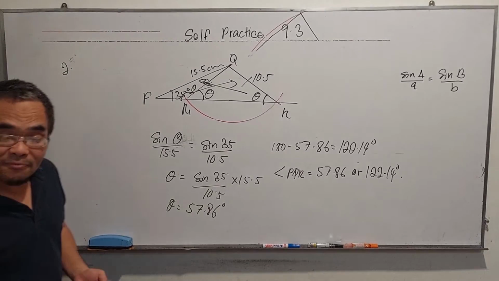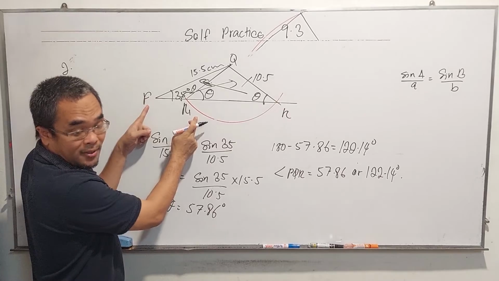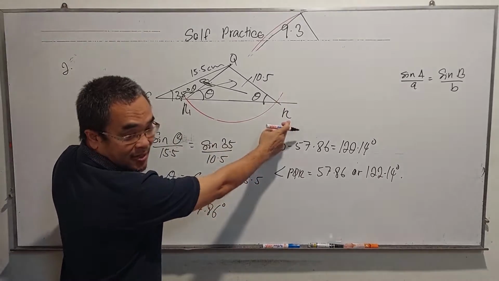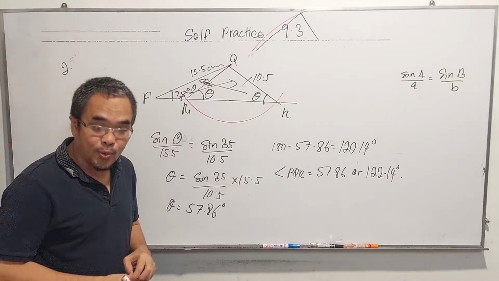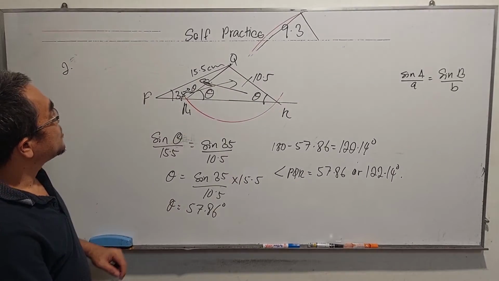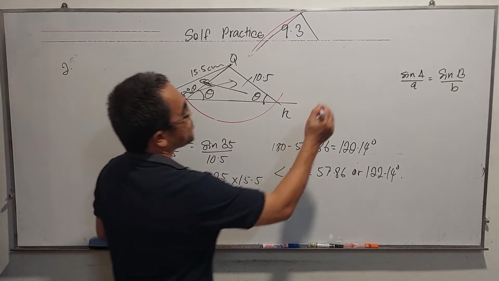Okay, and B, hence find the possible length of PR. So one of them will be this short one, the other one will be the longer one. So which one do you want? Both. We want to know both of them. So let's say we are talking about the bigger one.